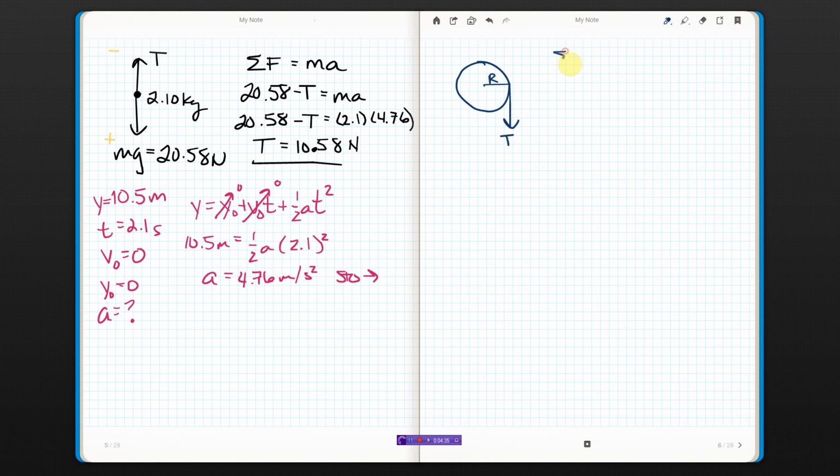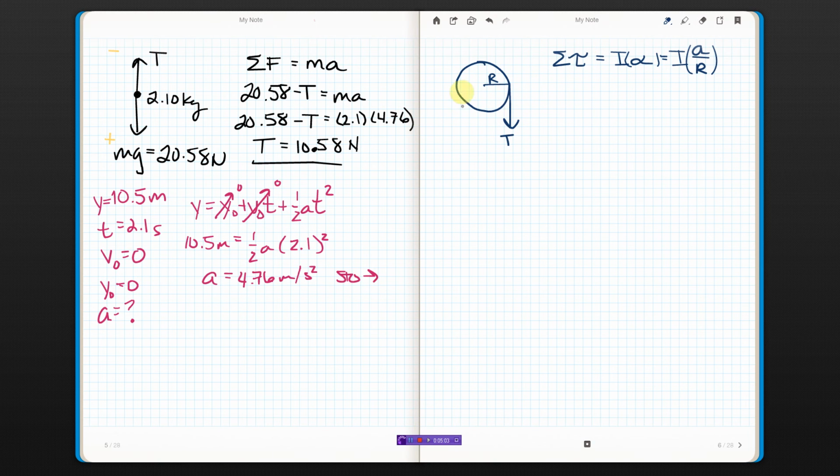So I can write the net torque on this cylinder is going to equal the moment of inertia of this cylinder times the angular acceleration of this cylinder, which is the same thing as linear acceleration over r. So I'm going to replace this with that.